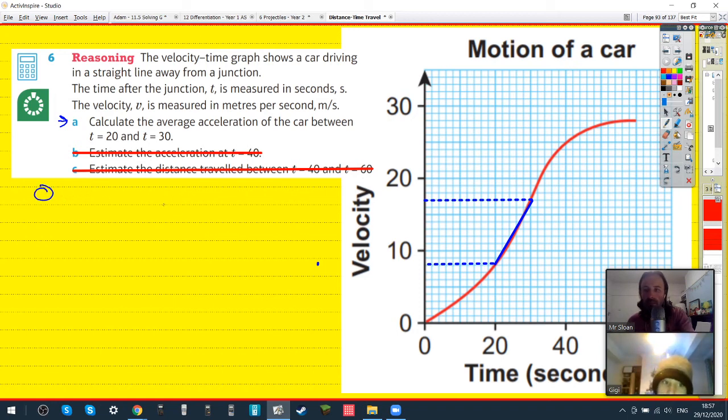How'd you get that? 17 divided by 30. It didn't start at 0, it started at 20.